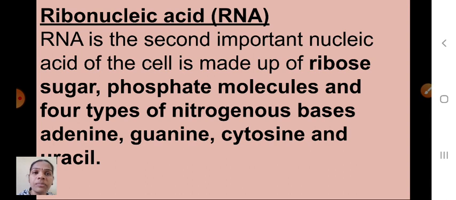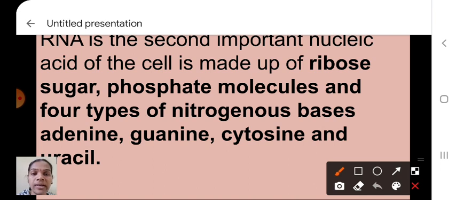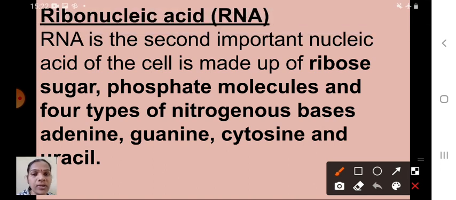What is meant by ribonucleic acid or RNA? This is the second important nucleic acid of the cell. Understood, children? See here, the first important nucleic acid is DNA, deoxyribonucleic acid, and the second one is RNA. RNA is made up of ribose sugar, phosphate molecules and 4 types of nitrogenous bases: adenine, guanine, cytosine and uracil.